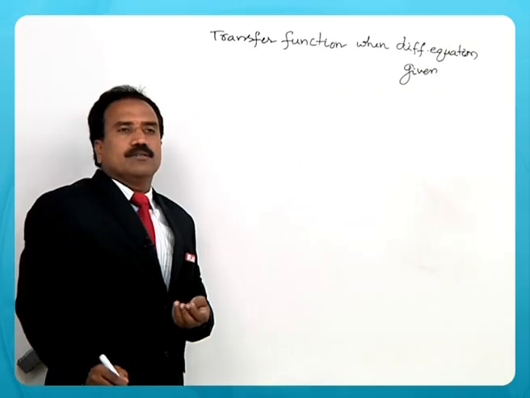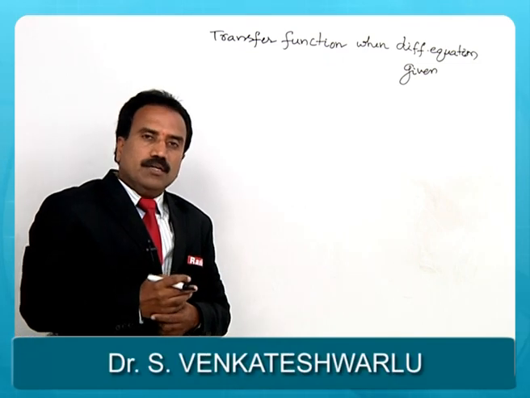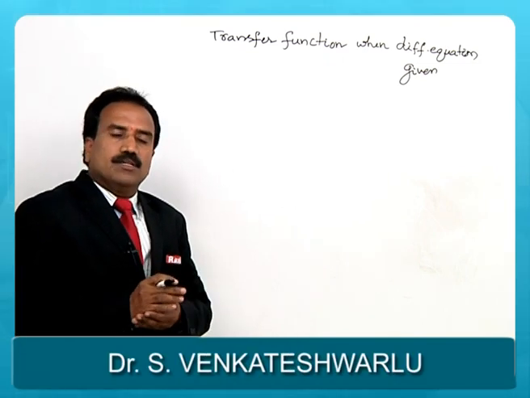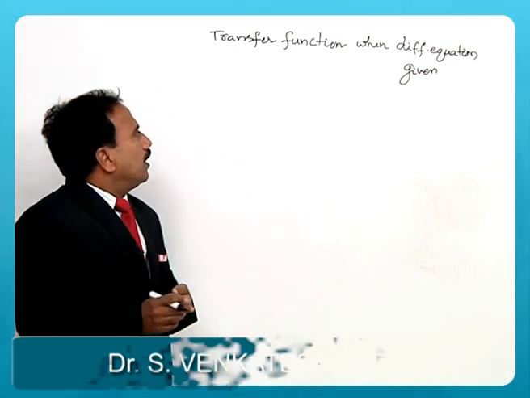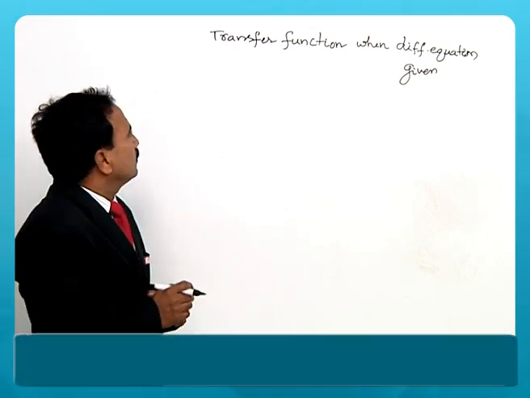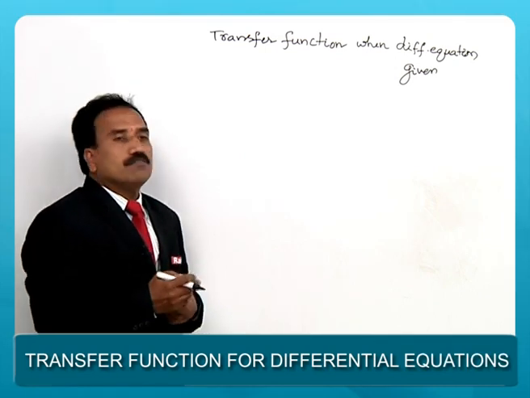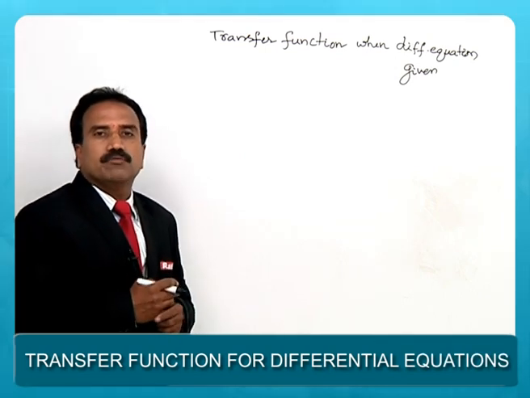This is another way. In the previous section, we have seen when an electrical system is given as a combination of RLC, how to find the transfer function. But now, when a differential equation is given, how to find a transfer function?